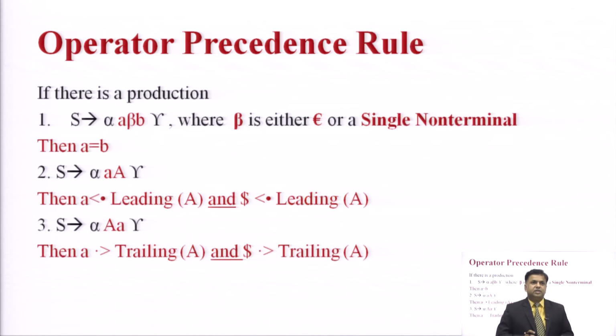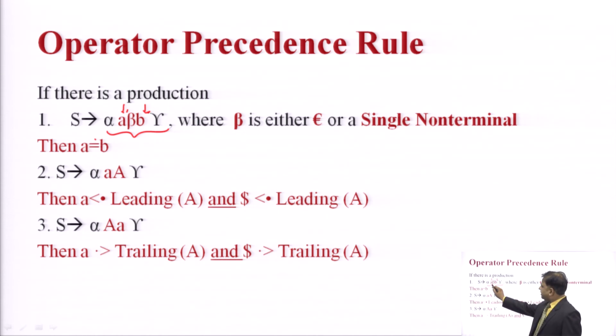So, we come to the next concept of the operator precedence rules, that is how we can find out the relations between two terminals. So, there may be three types of relations. The first is A is equivalent to B, that means A has equal precedence with B. How can we find it? If there is a production like this, alpha A beta B gamma, what I see here is that my objective is to find any two terminal symbols in the production.